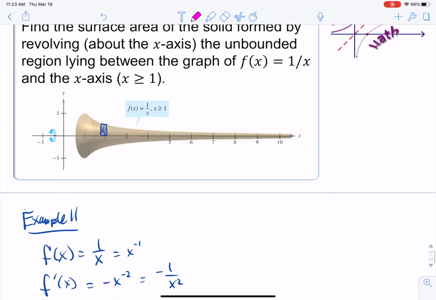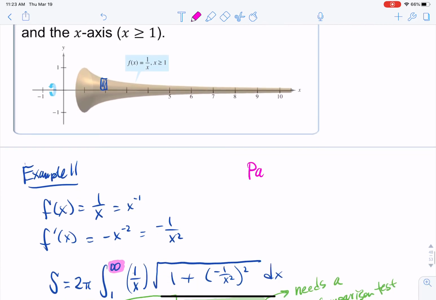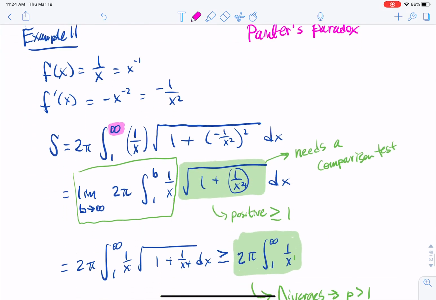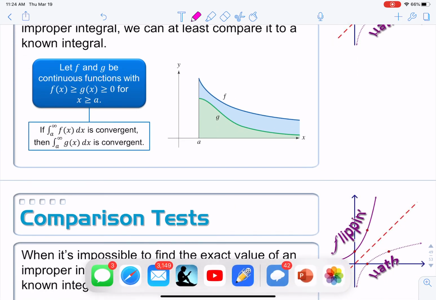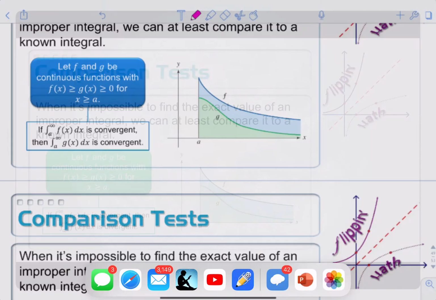And this is what's known as the painter's paradox. I could fill it with paint, but I couldn't paint it. Whoa, that's amazing, right? That's one of the super interesting things about this thing that we're calling Gabriel's horn.